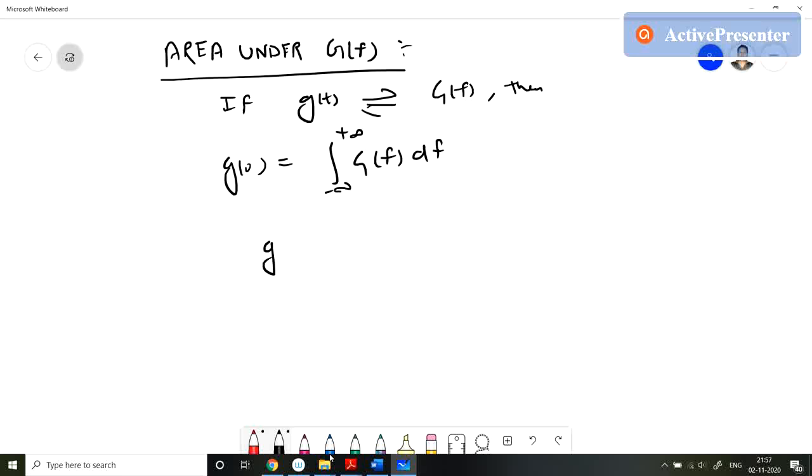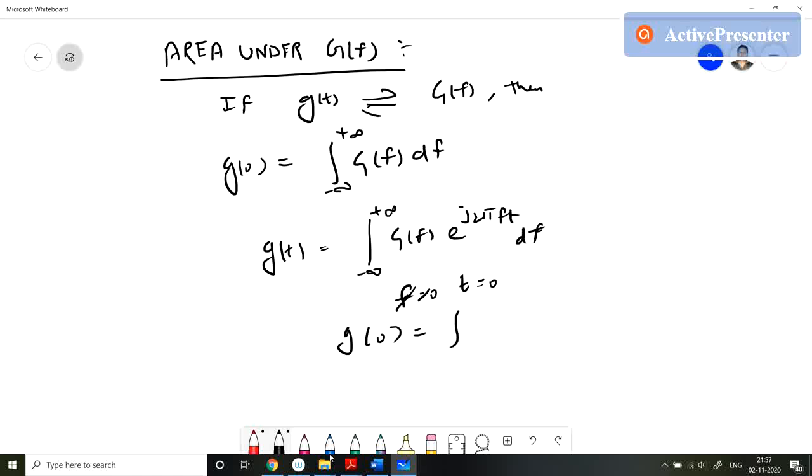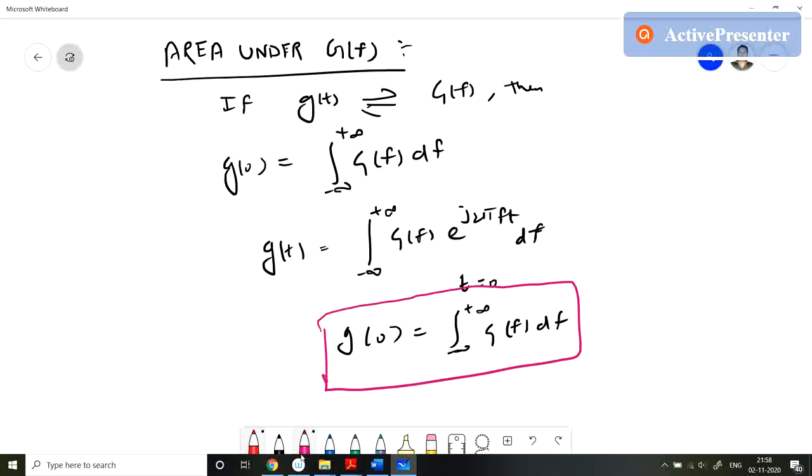It is easy to prove that, because g(t) is the integral from minus infinity to plus infinity of G(f) e raised to the power j 2 pi ft df. Now if we put t equal to 0, we will get g(0) equal to the integral from minus infinity to plus infinity of G(f) df. So g(0) is simply the area of G(f).